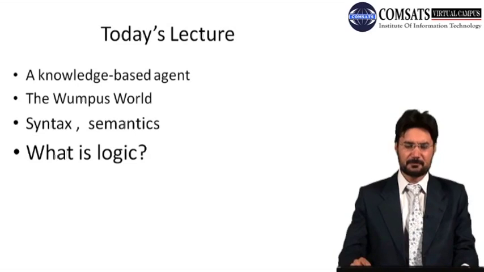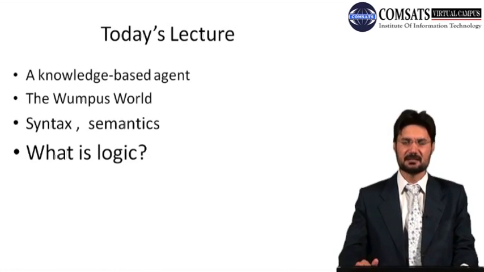Now in today's lecture we will start to understand what knowledge is, because for artificial intelligence, or for an agent that is going to solve problems, we need to know how the knowledge is saved, how the knowledge is understood, and then how it is used.